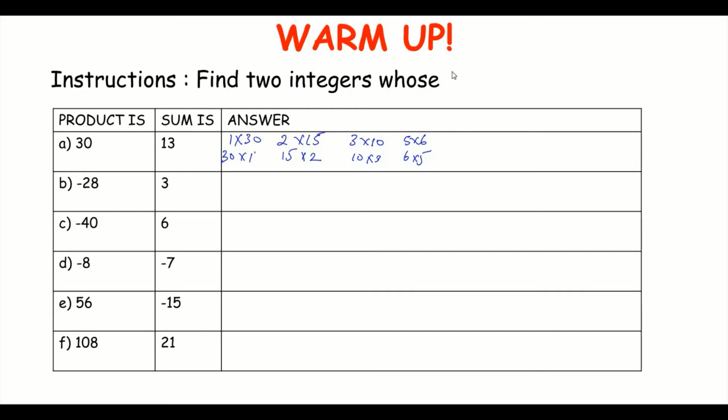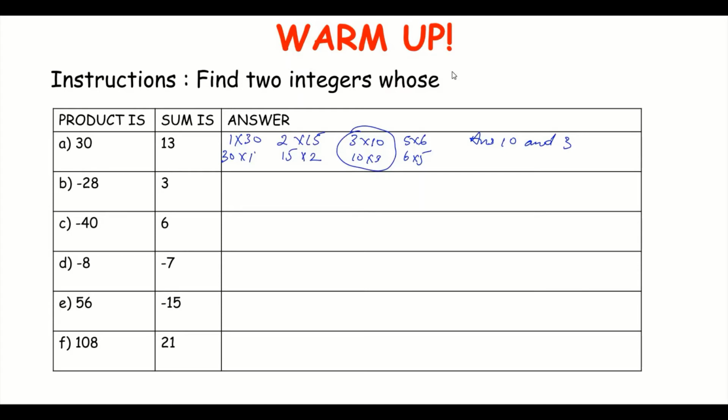Then 3 times 10 is 30, and 3 plus 10 is 13. So we have a pair here. The answer is going to be 10 and 3. These two numbers, when they multiply, give us 30, and when we add them, we get 13.